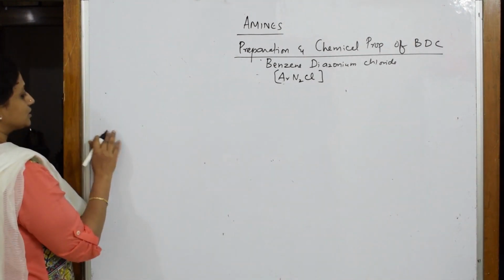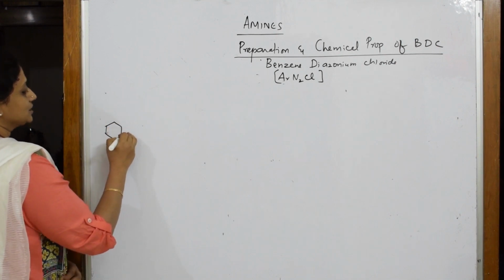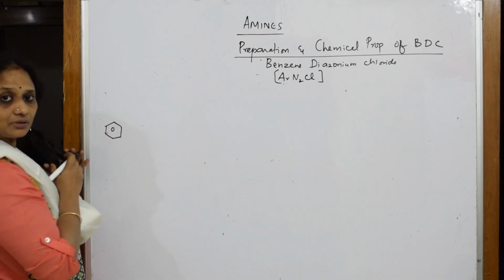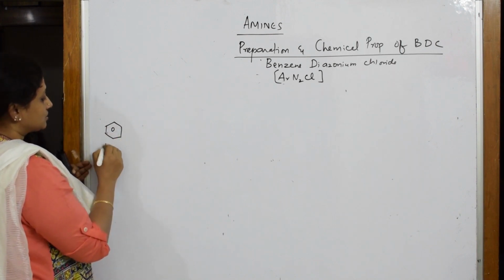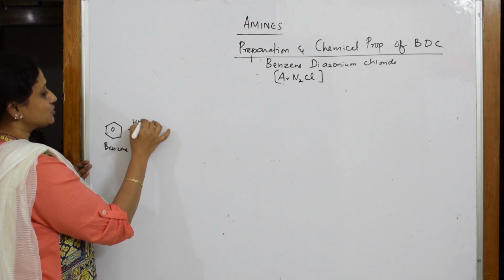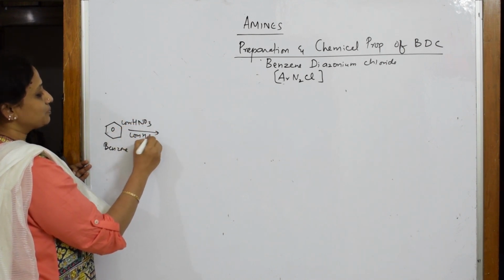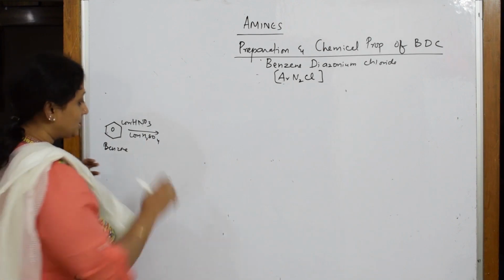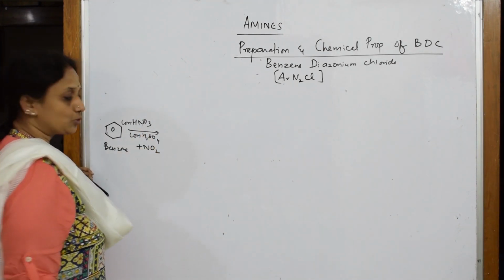What is the procedure? Suppose I'm just going to start with benzene. To this benzene, I will use a nitrating mixture. It's the simplest basic thing which you have studied. This is going to supply me the electrophile NO2 plus.